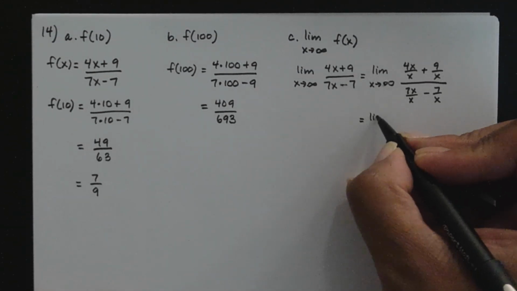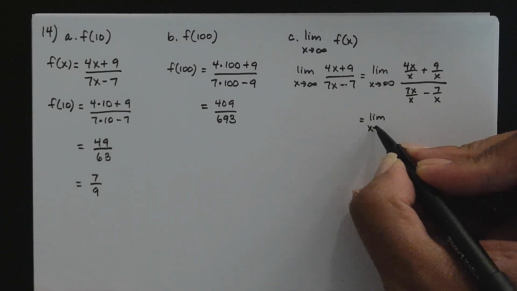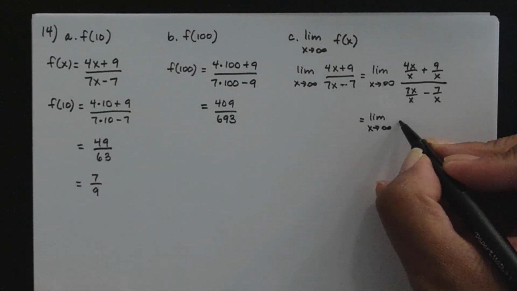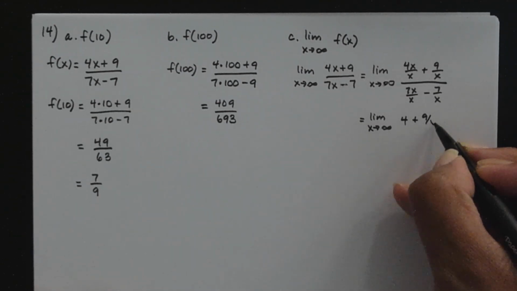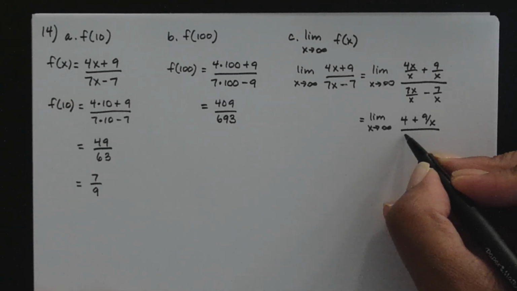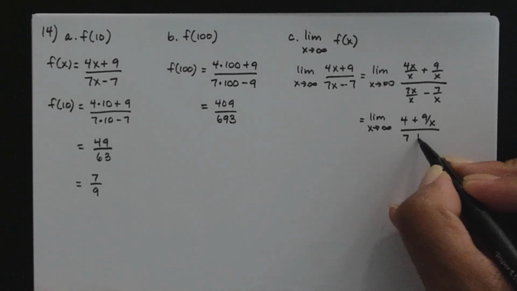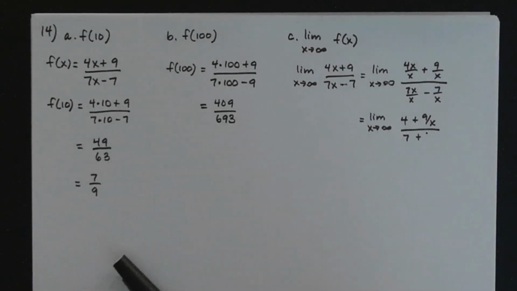And then I'll have a limit as x approaches infinity. Well, 4x divided by x will be 4 plus 9 over x divided by 7x divided by x, that's 7. And then that's minus 7 over x.